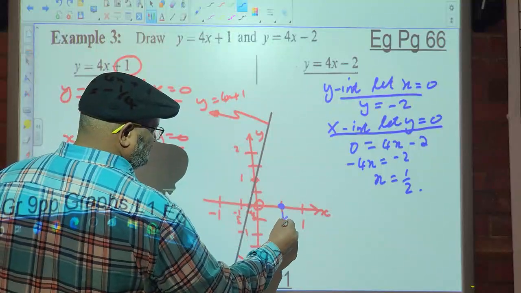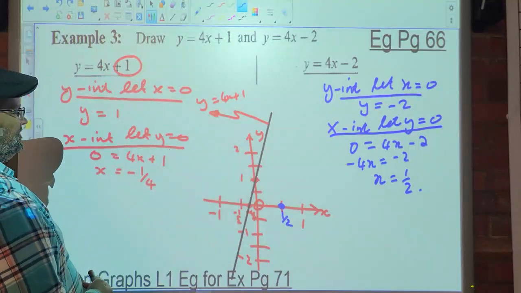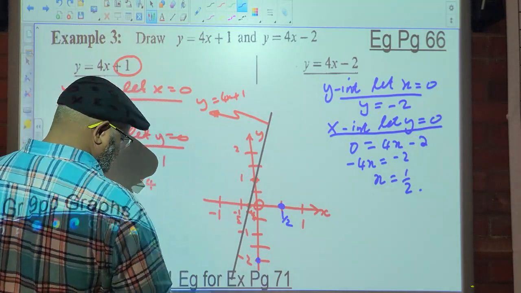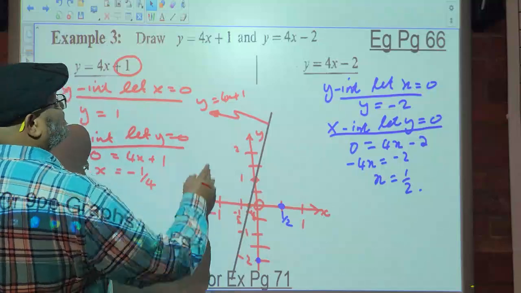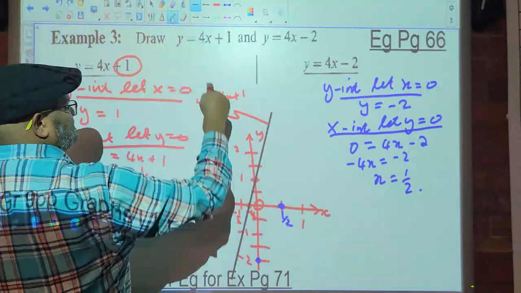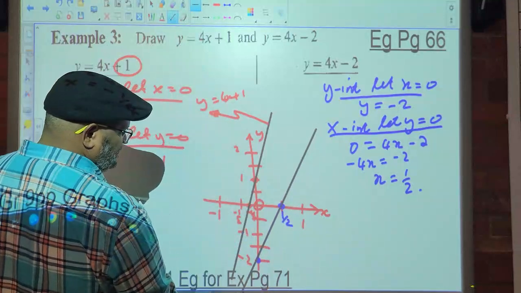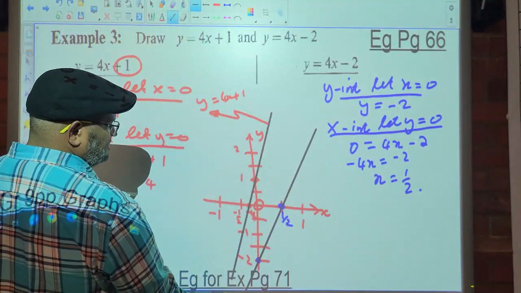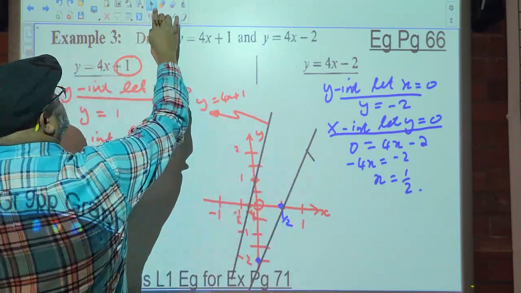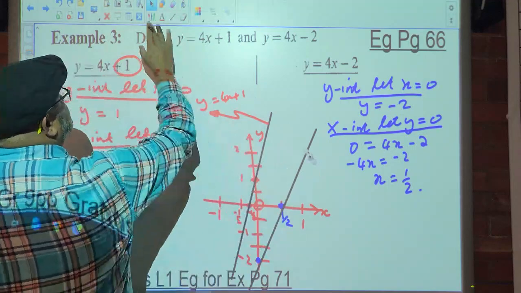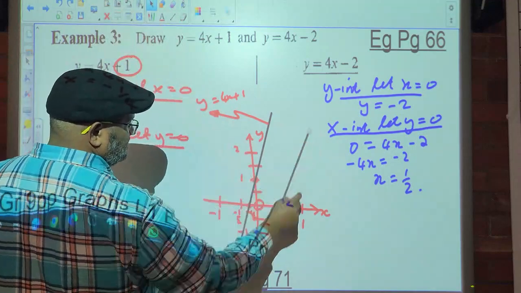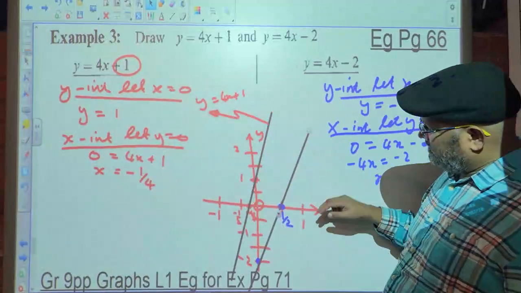That is one half, and you have a y value of negative 2. Now, this graph is not drawn to scale. It's not exactly a half all the way. But what effect do you see here? What do you notice?